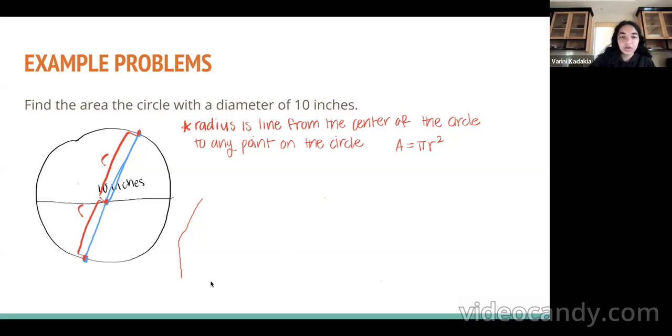Okay. So that means a diameter, I'll write down the definition.